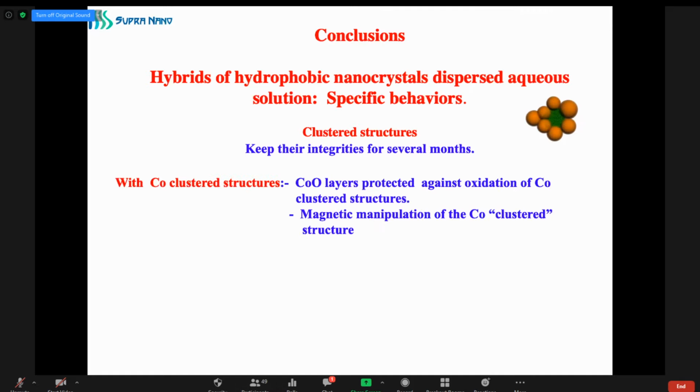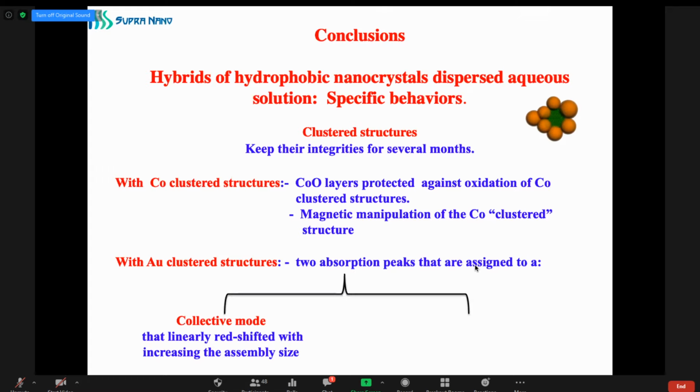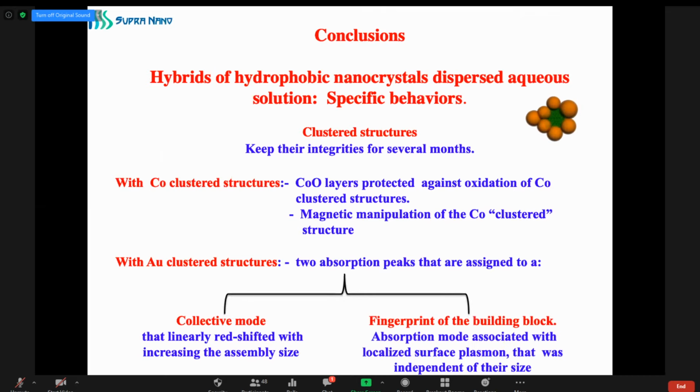With cobalt, we form a CO layer which protects the clusters against oxidation, and the magnetic properties are maintained, and we can manipulate it also. With gold, we have 2 absorption peaks, one due to a collective mode, which evolves linearly with the size, and we got the fingerprints of the localized surface plasmon resonance.